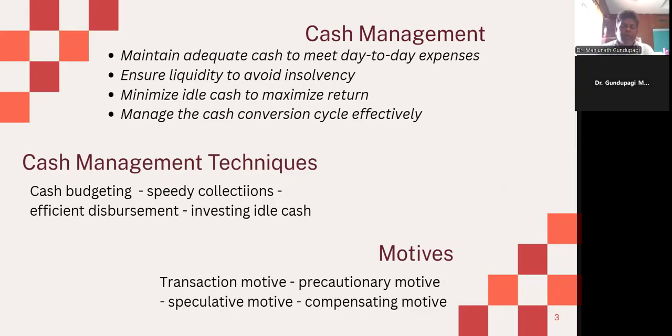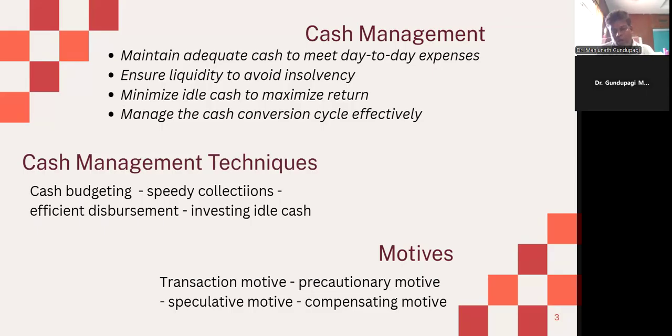Cash management. Cash refers to the money available on hand and in the bank, which is readily available for use in business operations. Efficient cash management ensures that the firm has sufficient liquidity to meet obligations while avoiding idle cash that can be invested somewhere else.